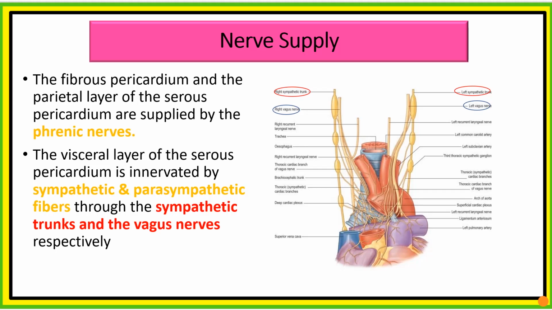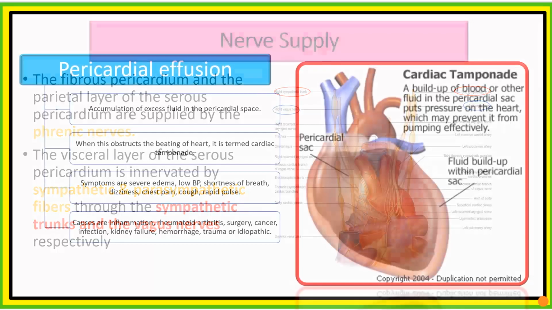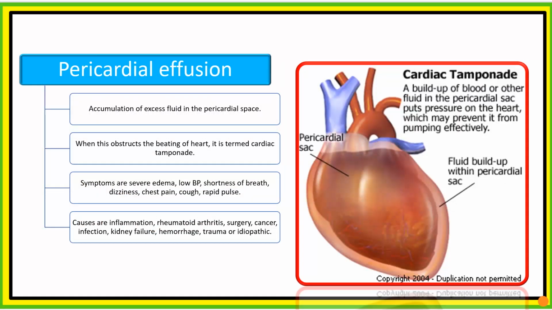The nerve supply to the parietal layer of the serous pericardium and also the fibrous pericardium is the phrenic nerve, while the nerve supply to the visceral layer of the serous pericardium is by the sympathetic and parasympathetic fibers, and this will be through the sympathetic trunk and the vagus nerve respectively.